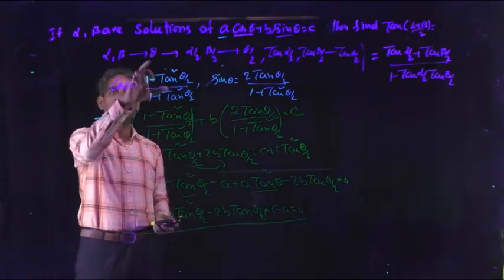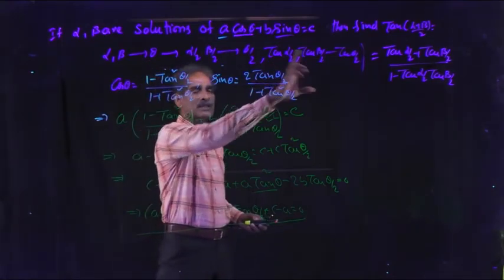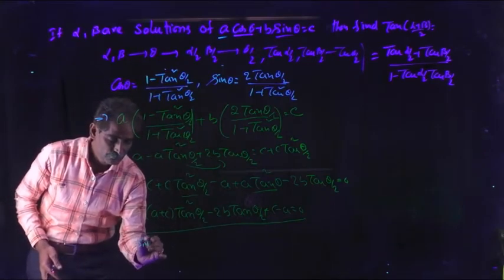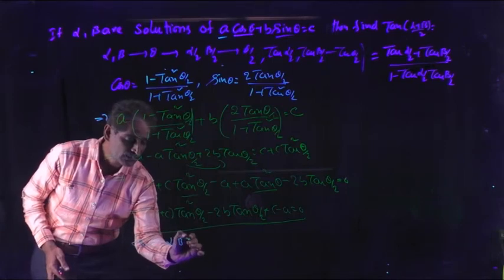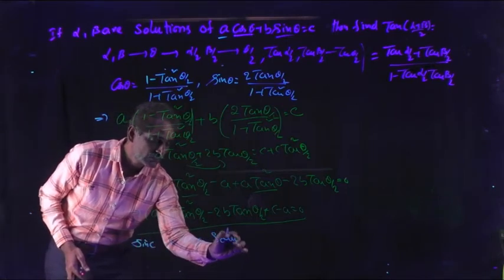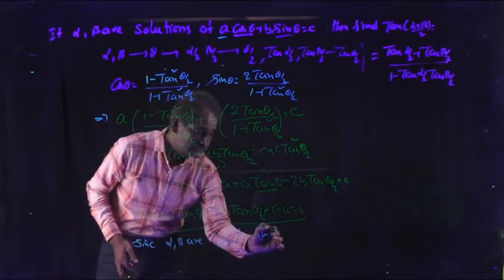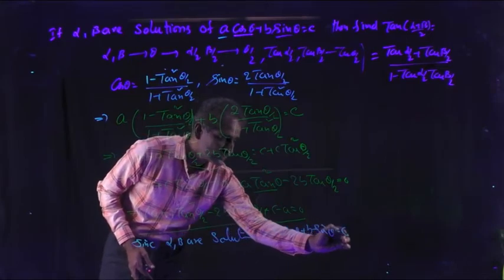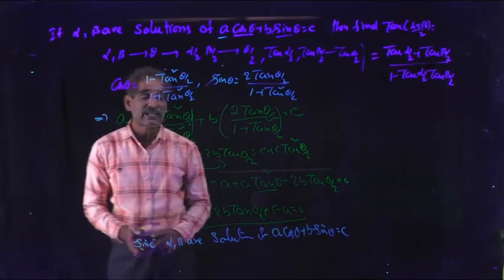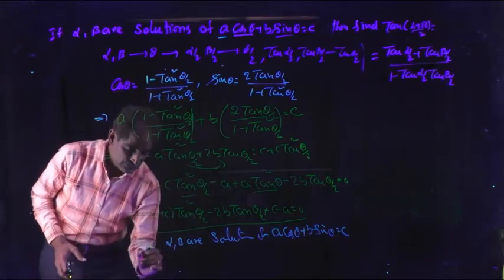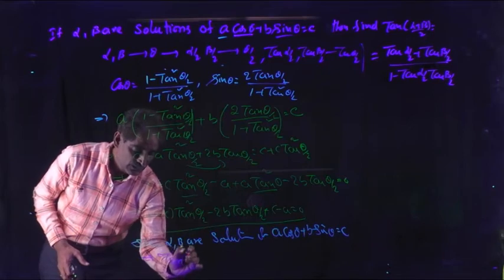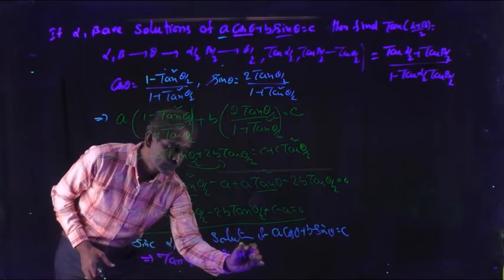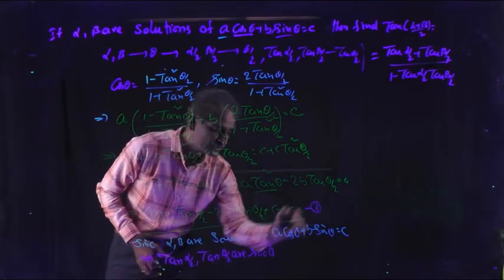Since alpha, beta are the solutions of a cos theta plus b sin theta equal to c, tan alpha by 2, tan beta by 2 are the roots of this equation 1.